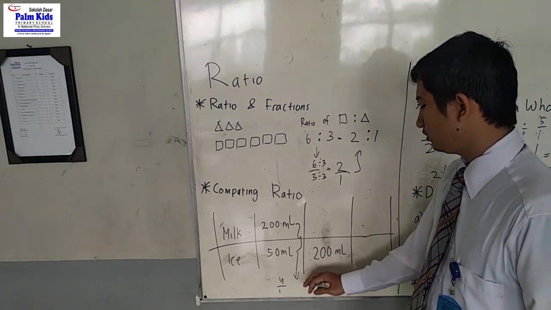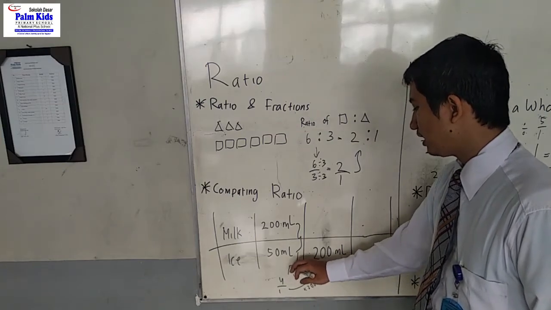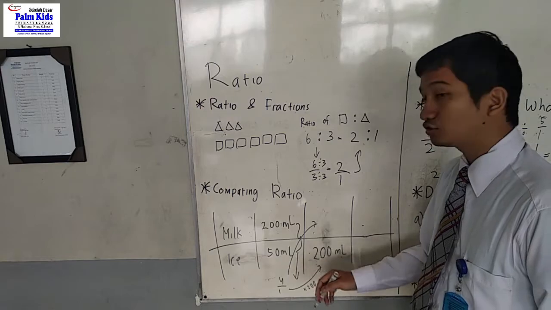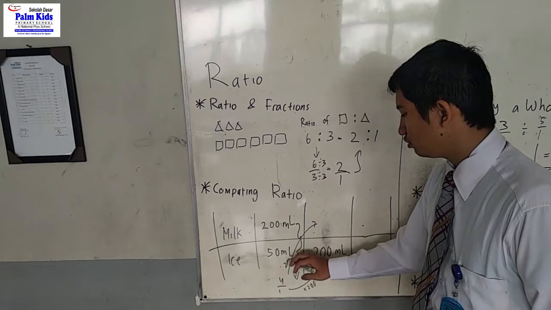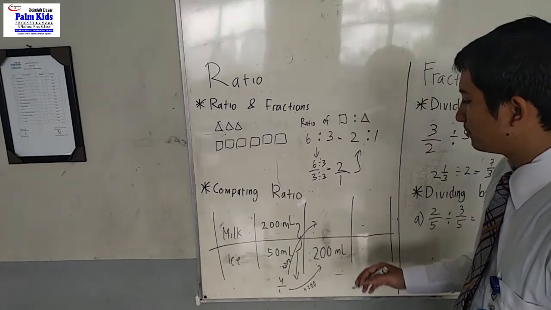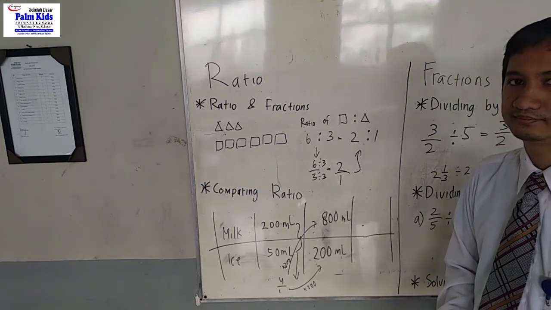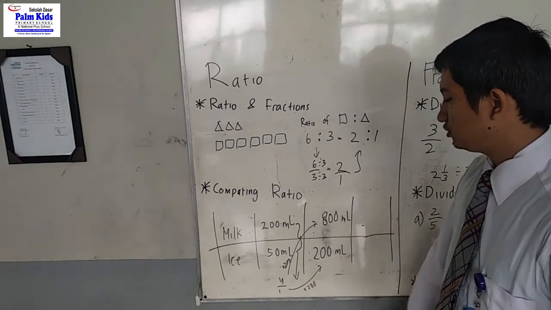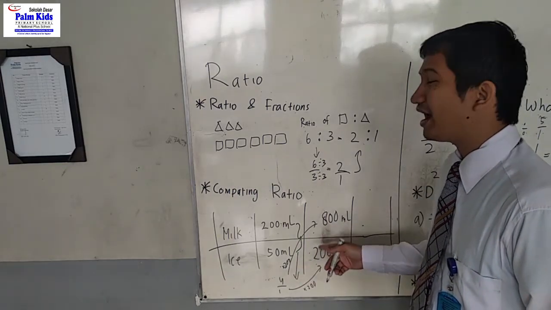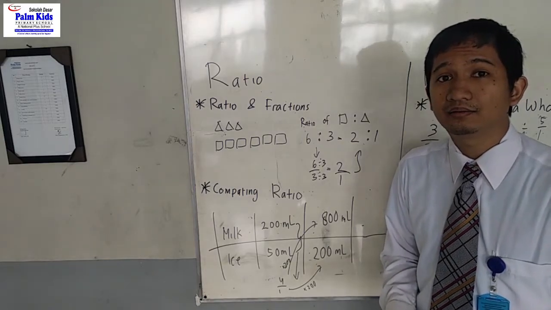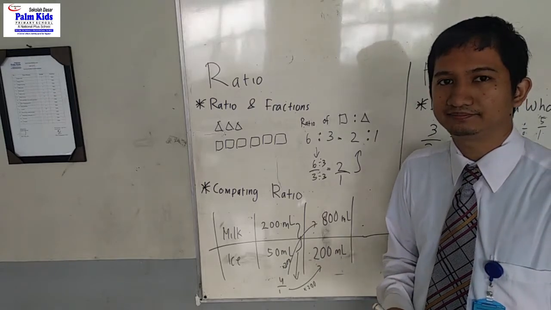So now we want to make this into 200, so we multiply by 200, and we multiply this also by another 200. So you will get 4 multiplied by 200 is 800 milliliters. Yeah? So in ratio of making a drink, you need to remember the ratio and then find the multiplication factor. So it will always be the same.